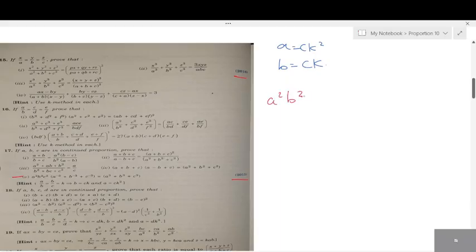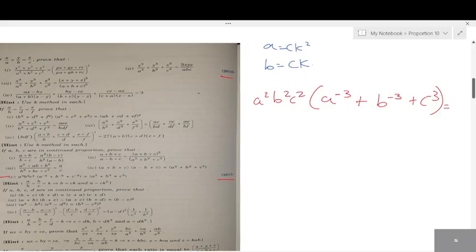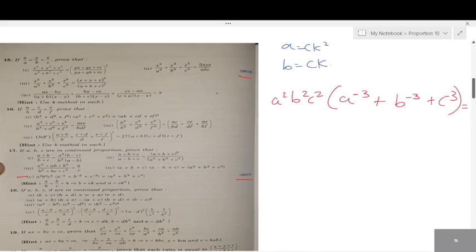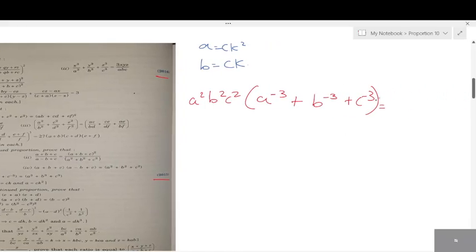Okay, this is the fifth one. A square, B square, C square into A minus 3 plus B minus 3 plus C minus 3 is equal to A cube plus B cube plus C cube.